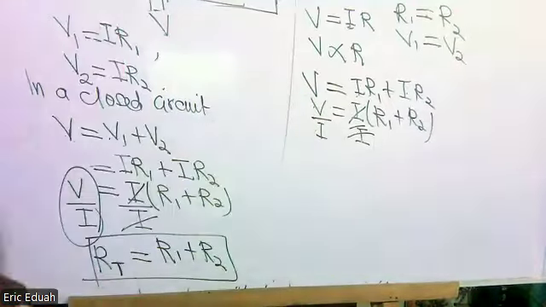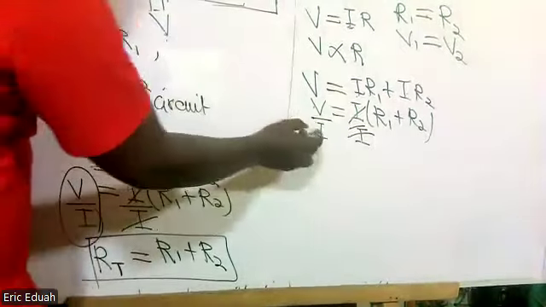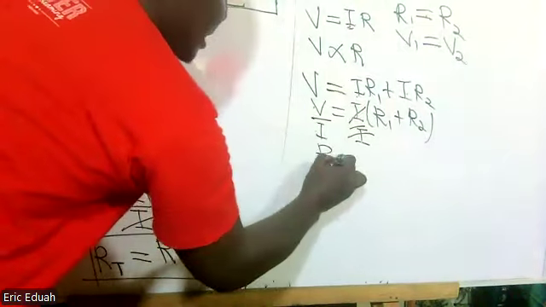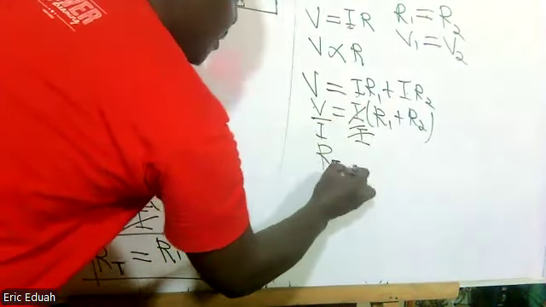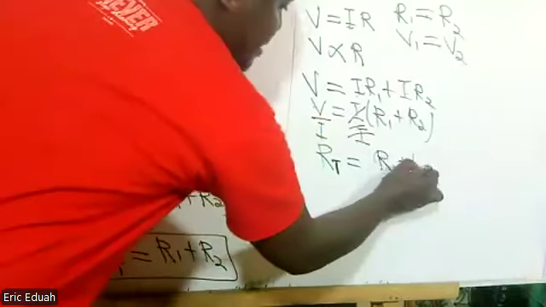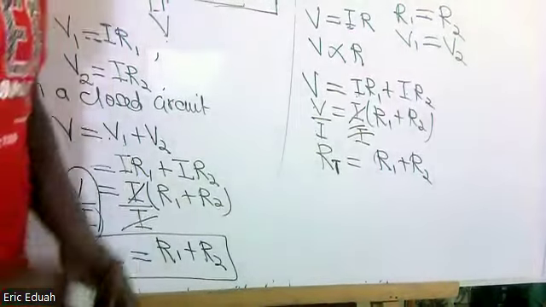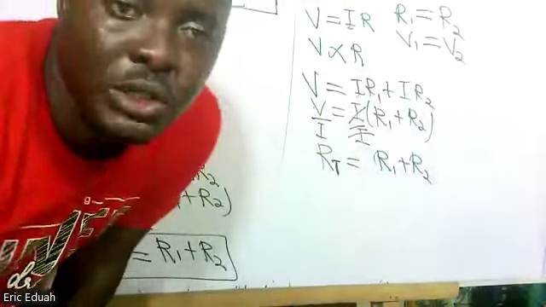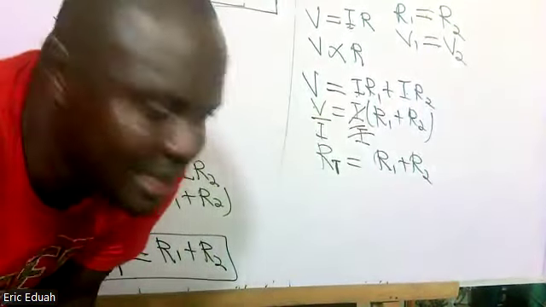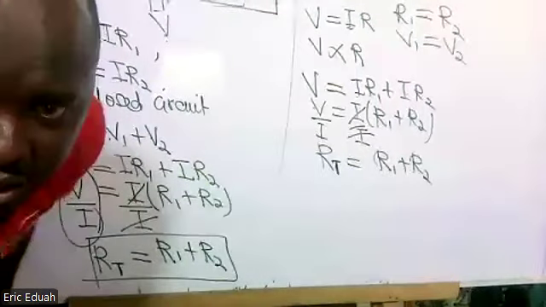Voltage over current, source voltage V over the total current I flowing through, would give you RT. So RT is equal to R1 plus R2. What this means is that if I'm looking for total resistance in a circuit, there are two ways to do that. One, add all the resistances within the circuit.